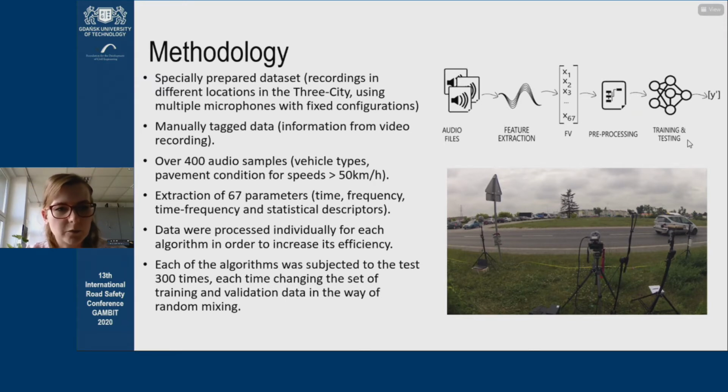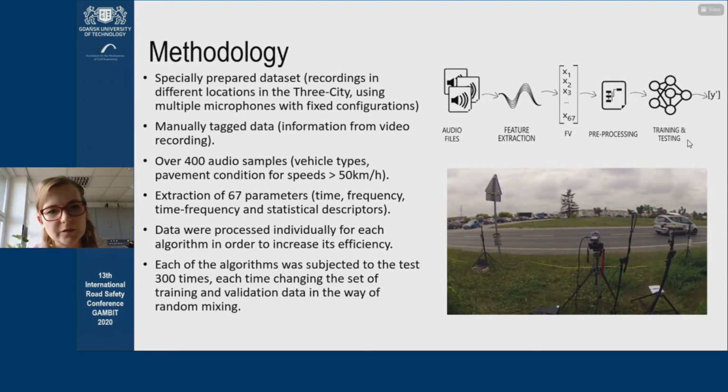In terms of vehicle class, we did not have even numbers of classes, but such is the nature of natural road traffic. The data was processed by accompanying the sound with the video recording, so we could at all times check what sort of vehicle it was and what was the road surface condition.